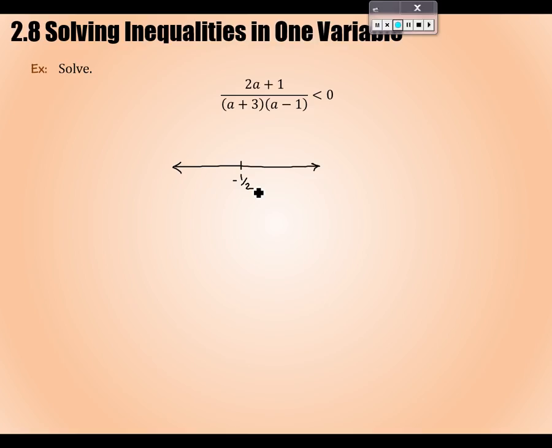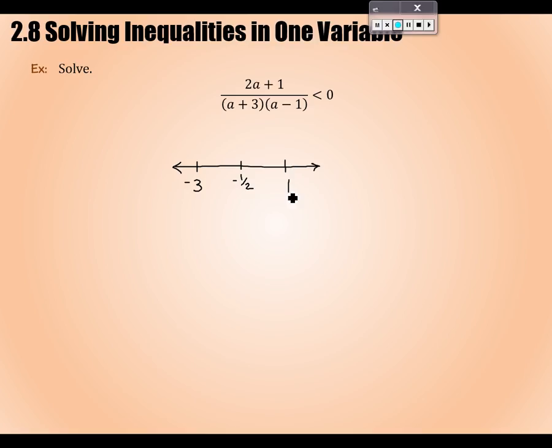So I'm concerned about it not being defined, but even more concerned that this function could change from below to above the x-axis as we go across that asymptote. That's true even for the simplest case, 1/x. 1/x goes from being below the x-axis to being above it, and it never crosses the x-axis. Mind blown, right? So at a vertical asymptote, we need to be careful too. We're going to list any vertical asymptote on our number line as well.